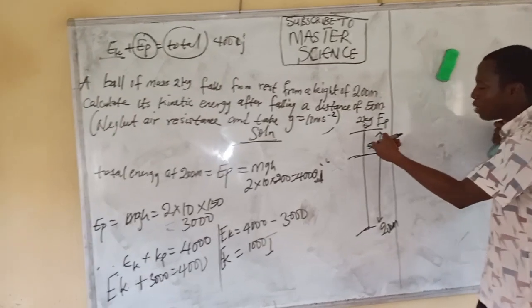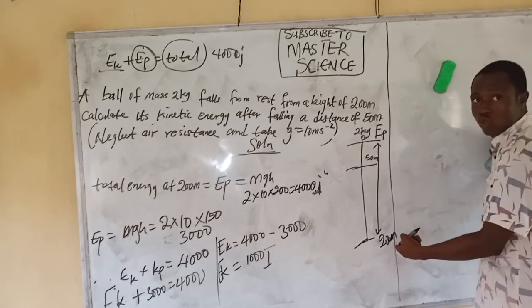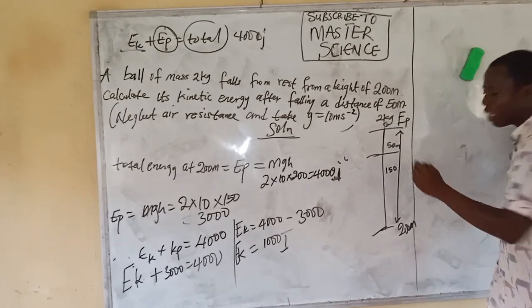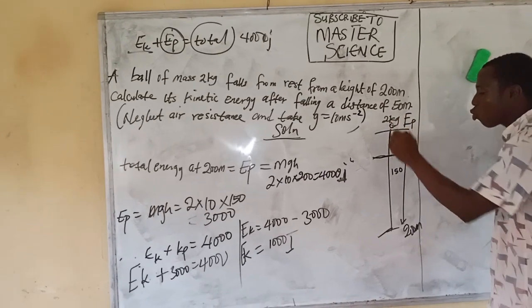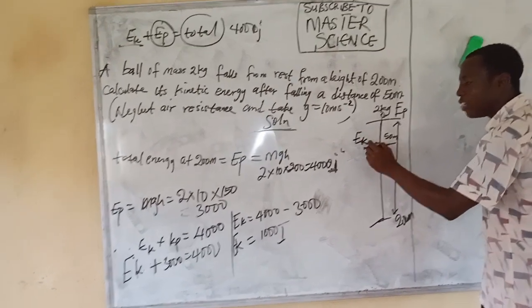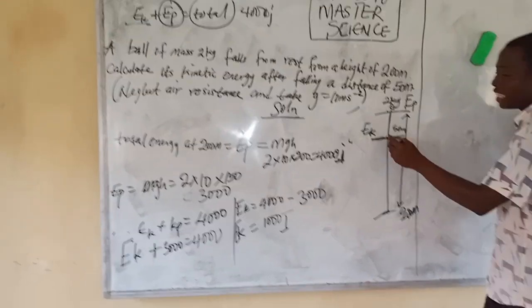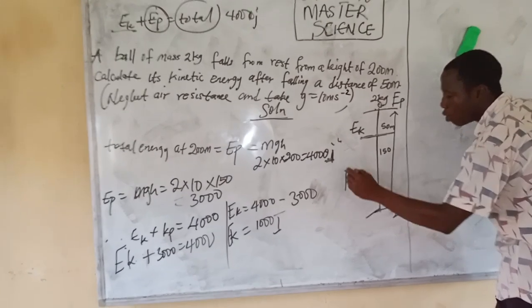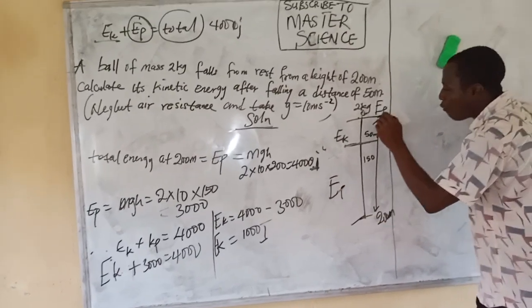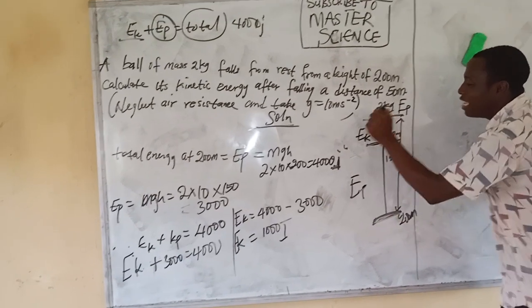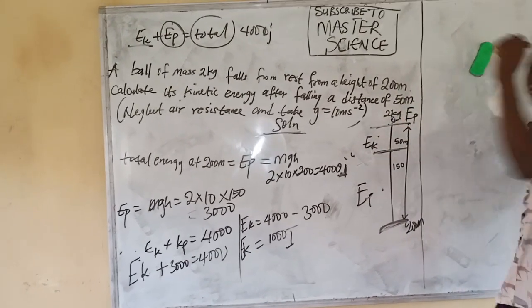From up to down is 200, so 200 minus 50 is 150. From 0 to 50 there is kinetic energy, and from this 50 down to 200 there is potential energy. From up to down there is total energy.